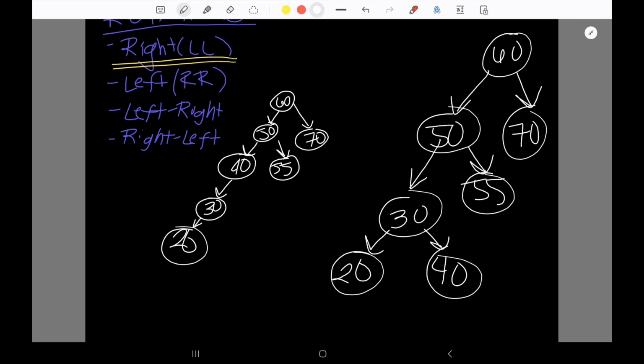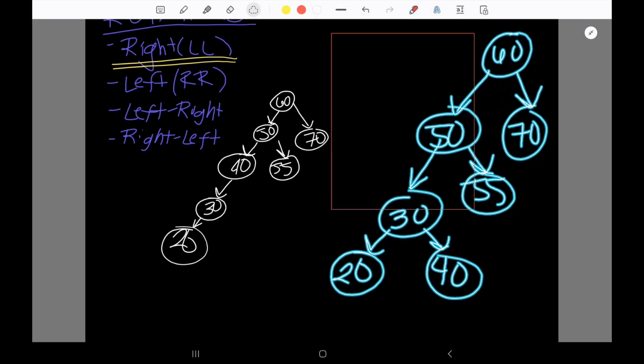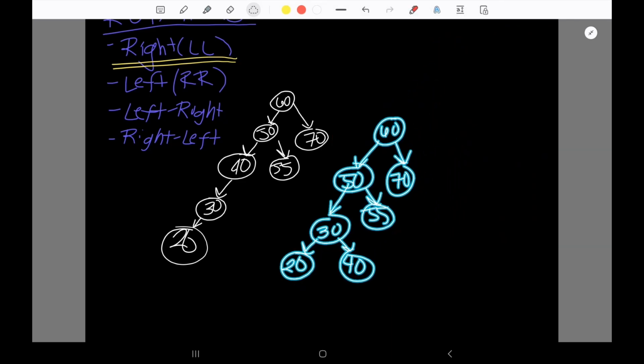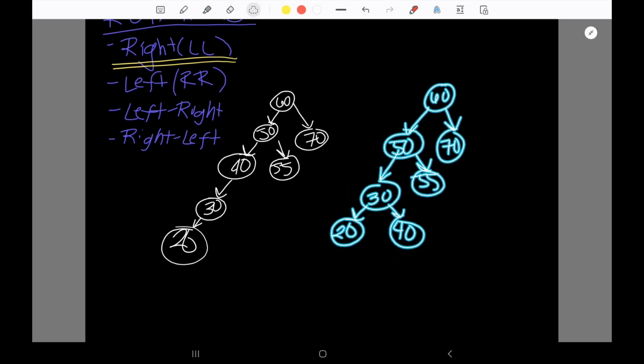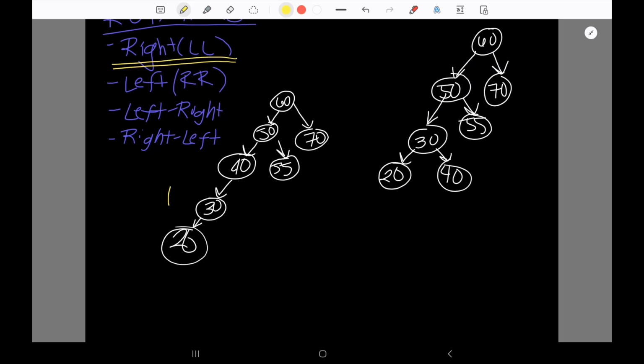Okay, I'm gonna minimize this. So rotate this to the right, and it will come to this. So after the right rotation, the tree is gonna look like this.